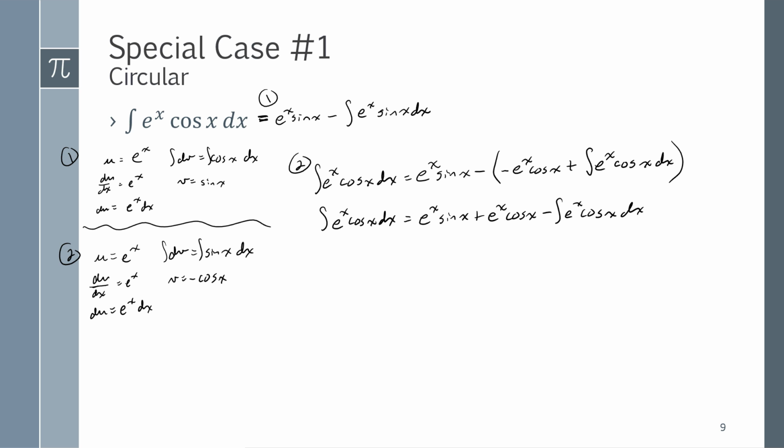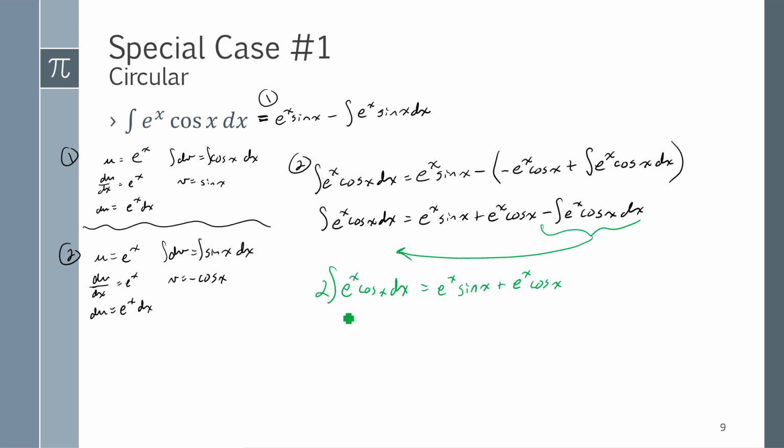And this is why I call it circular. I could do integration by parts again, and again, and again, and I'm just going to keep running through these two steps over and over again. So instead, what I'm going to do is I'm going to take that integral that's now reappeared, and I want to move this to the other side. So I'm going to add that integral to both sides, which gives me 2 times the integral of e to the x cosine of x dx is equal to e to the x sine of x plus e to the x cosine of x.